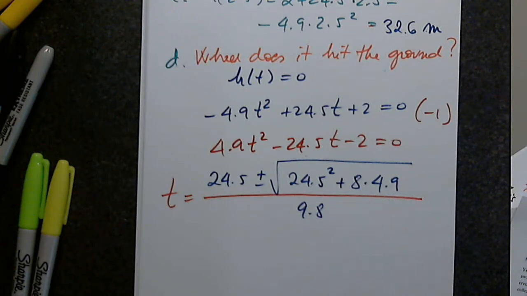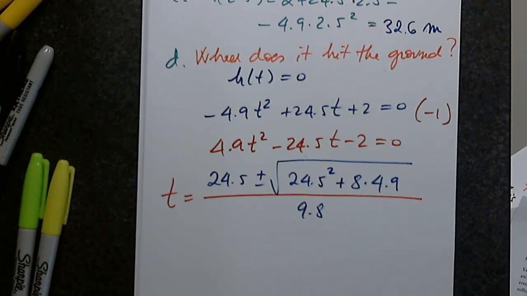So 24.5 plus the square root in parentheses. You know me, it may work without, but I can't. Old school. Okay, plus 8 times 4.9. Close the parenthesis inside, close the parenthesis outside for the numerator, and divide by 9.8.